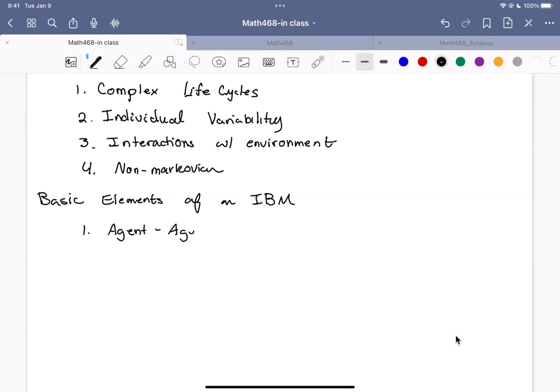And you can see why this would be very necessary in biology. Agent-agent behavior. You could have interactions with the environment.